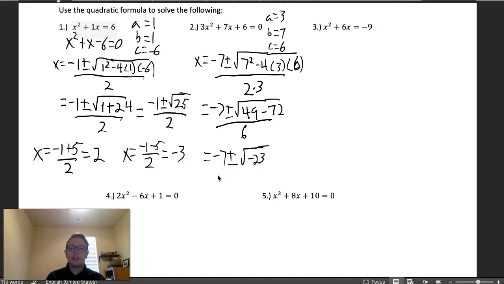And how do we take the square root of a negative? We don't know how to take the square root of a negative, meaning that we don't have an answer for this. Our answer is that there are no real solutions. So anytime you see a negative square root, your answer is going to be no real solutions.